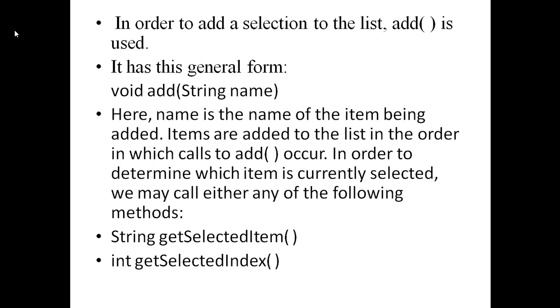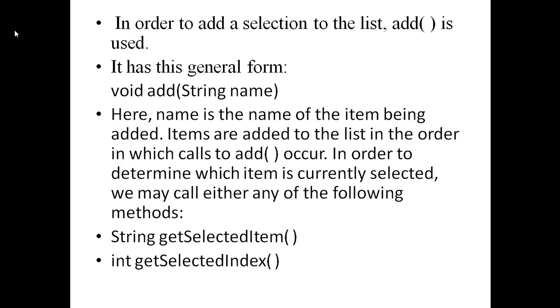By using this add method, we add items to the list. Here name is the name of the item being added. Items are added to the list in the order in which calls to the add method occur.